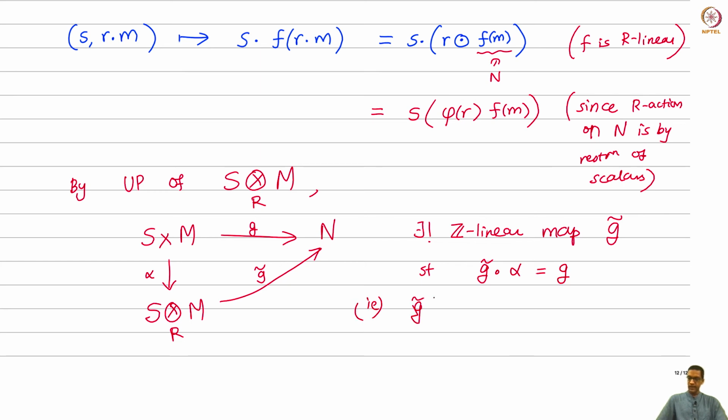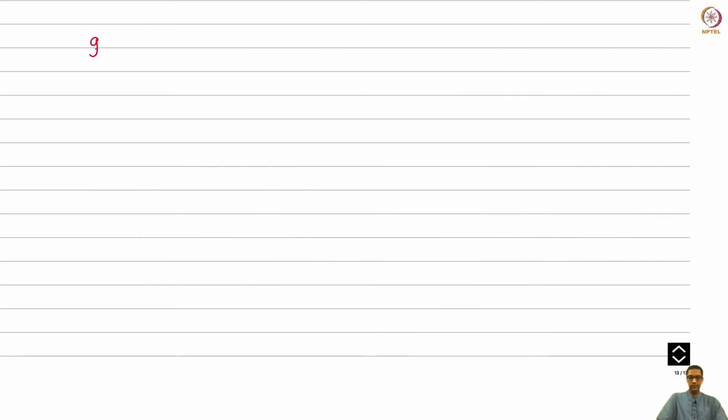G tilde acting on an element of the form S tensor M will just give you G of S comma M, which is S acting on F of M. In particular it means that G tilde acting on 1 tensor M is just 1 acting on F of M, which is F of M itself.